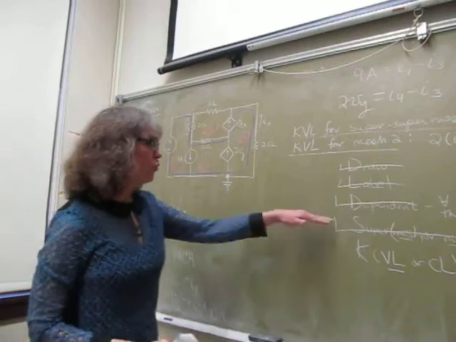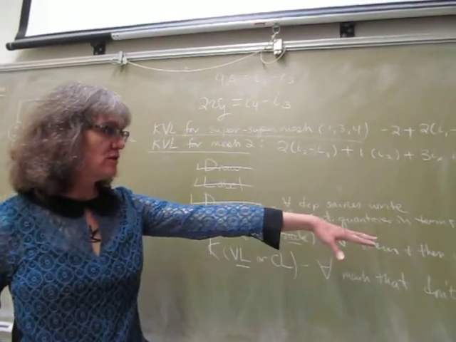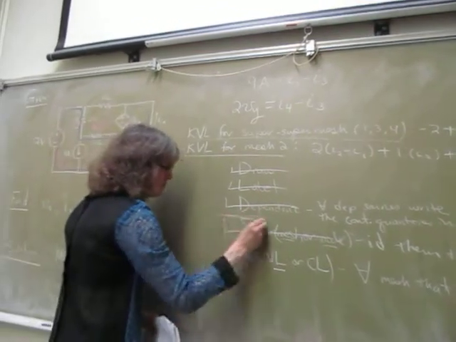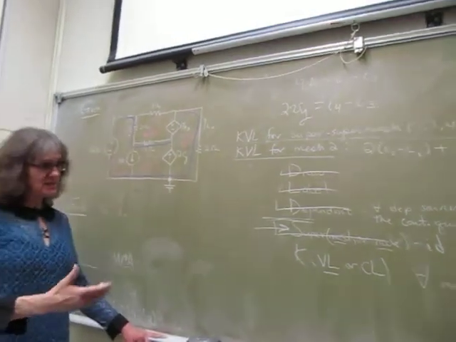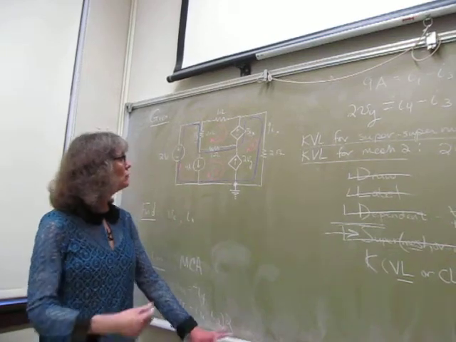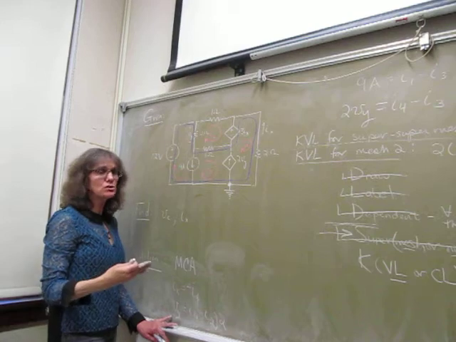So let's look at what we have here. In step 4, where I identified the super meshes and then wrote the currents of the source in terms of the mesh currents, this step here is when you get an equation for that, that's the first of your n equations in n unknowns. How many unknowns do I have here? It's 4. It's the 4 mesh currents.